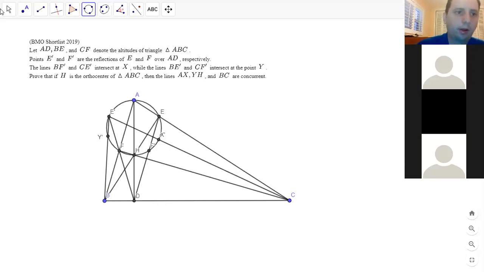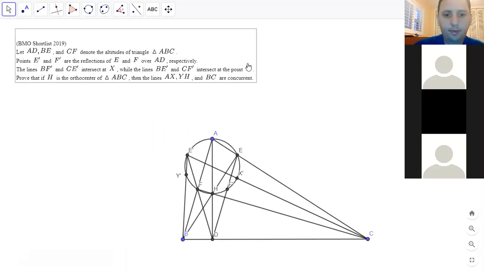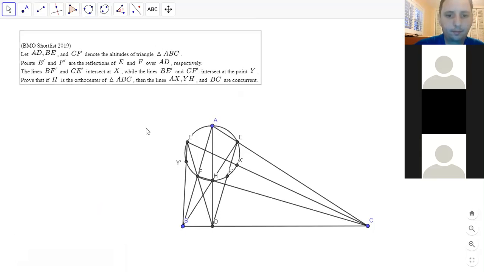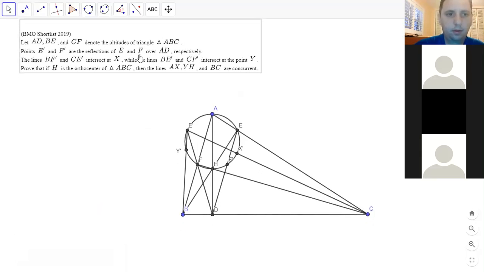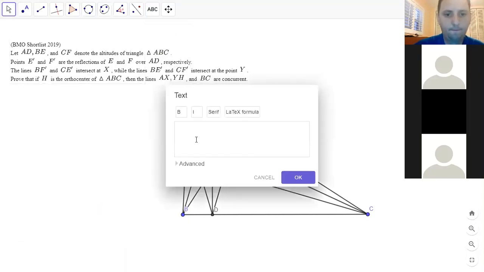Okay. All right, so I'm going to start writing this up. So basically by Blanchet's theorem, that's how we know D, F prime, and E are collinear. So angle FDA equals angle EDA.